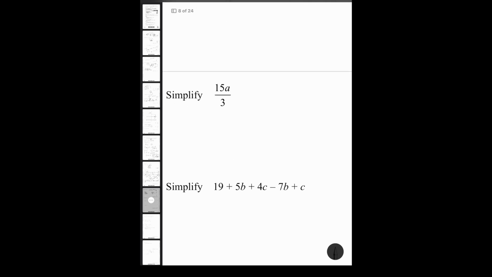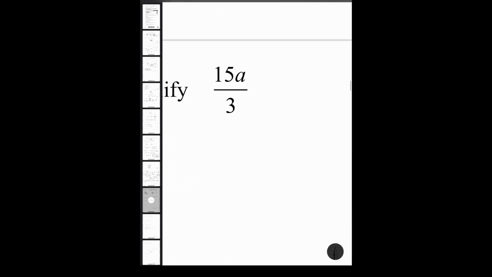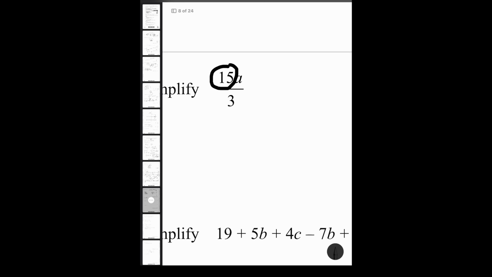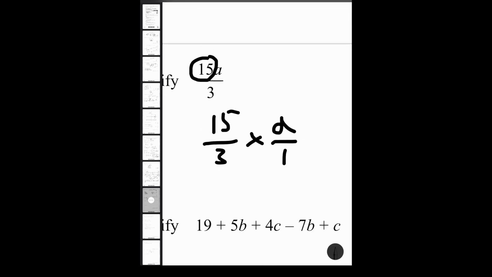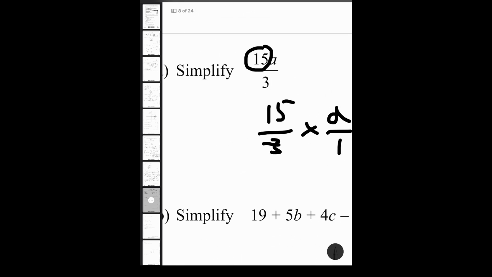Simplify 15a over 3. Because it's a multiple, you can look at it like this: 15 over 3 times a. This is what it essentially is. Or you can even do a over 1 if you fancy. So let's split this here. 3, 5. 1, 5.